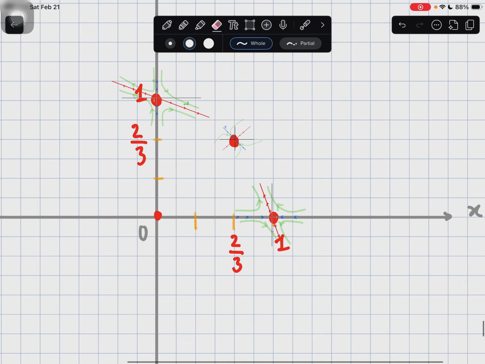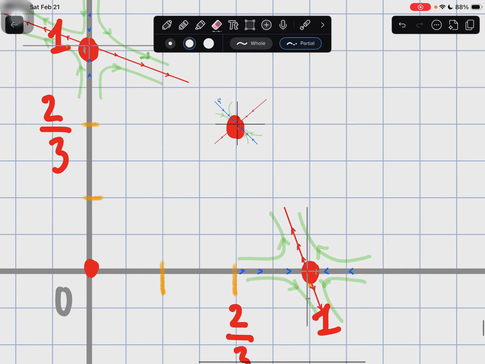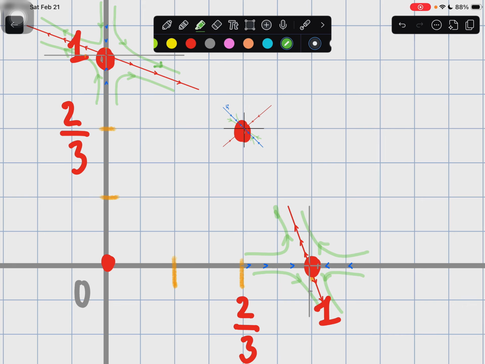I need to erase all of this because these arrows are for when t tends to minus infinity. Now let's connect them. It's going to go like this. Go out here, go to this point.